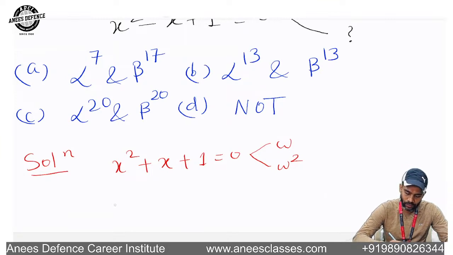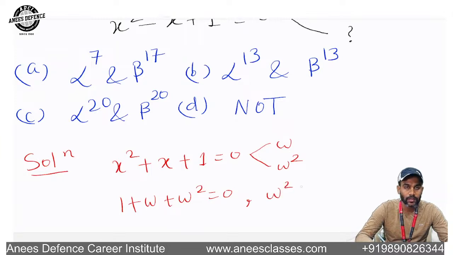And we already know 1 plus omega plus omega square is equal to 0. Omega square and omega both are cube roots of unity. So I can write omega square plus omega is equal to -1. Yes or no?